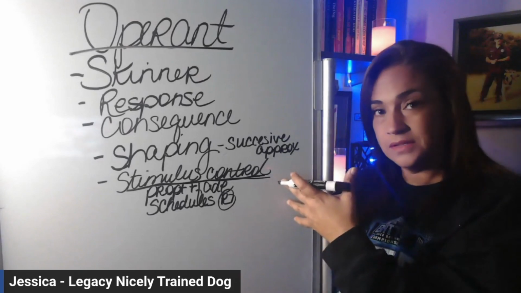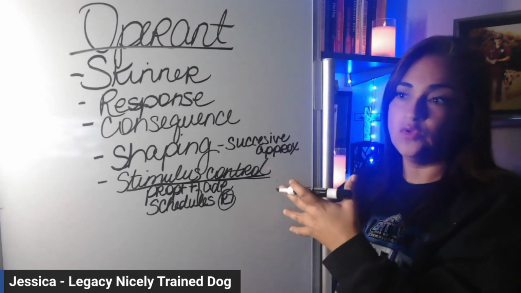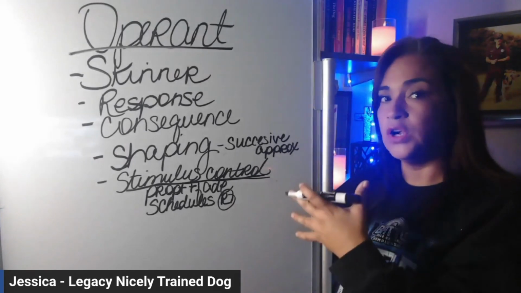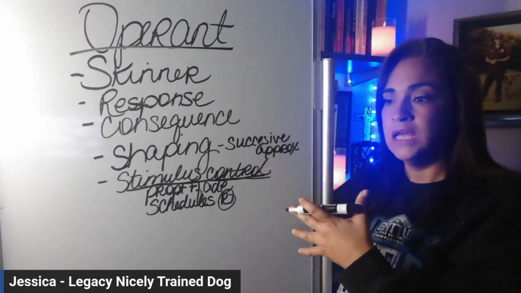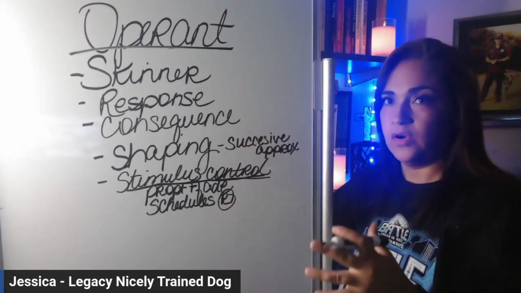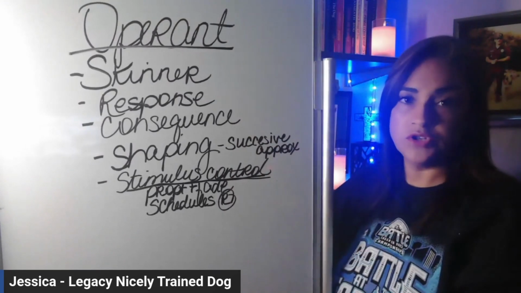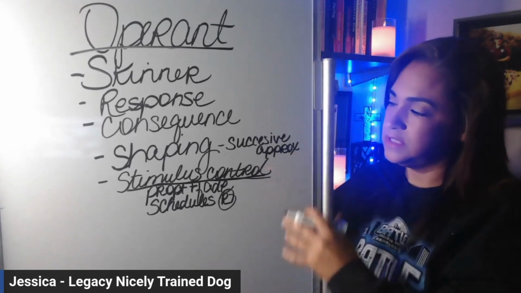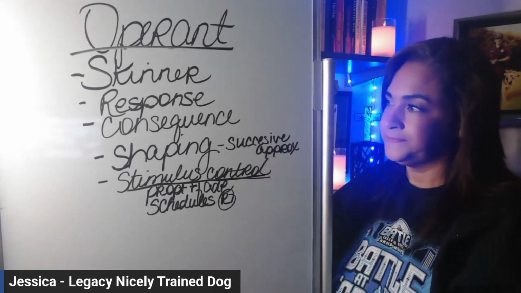That is free shaping. You don't have a behavior in mind when doing it. It's when you see a behavior and you like that behavior, and then you take it and bring it under stimulus control. That's free shaping. Shaping, successive approximations.